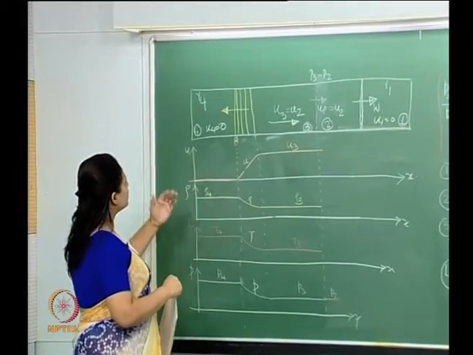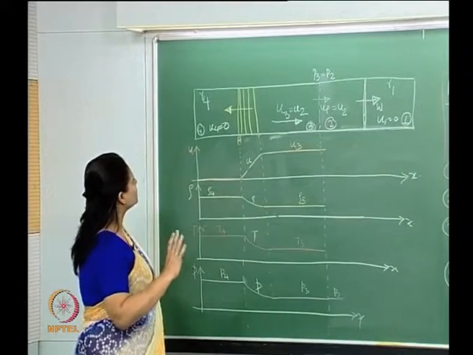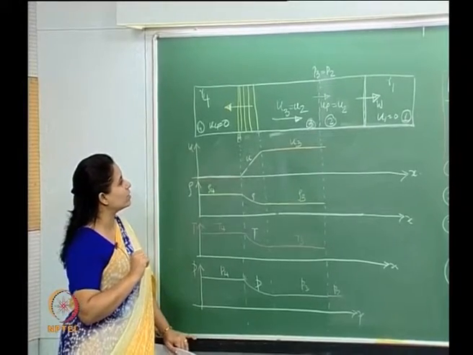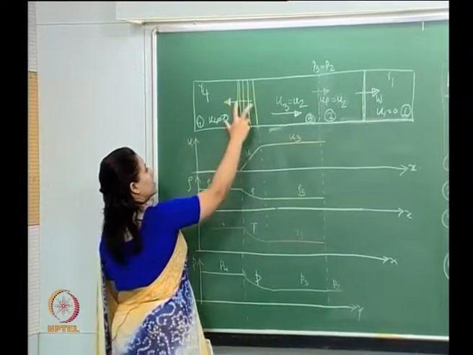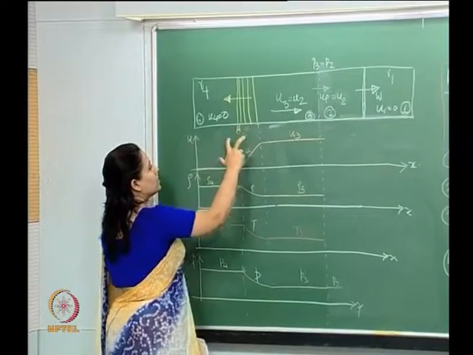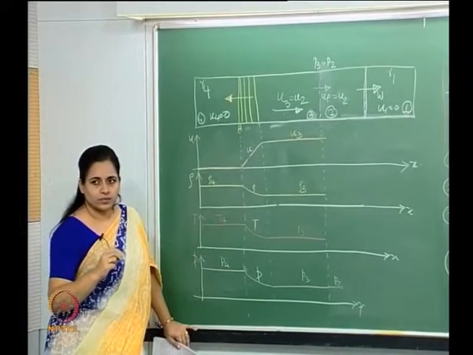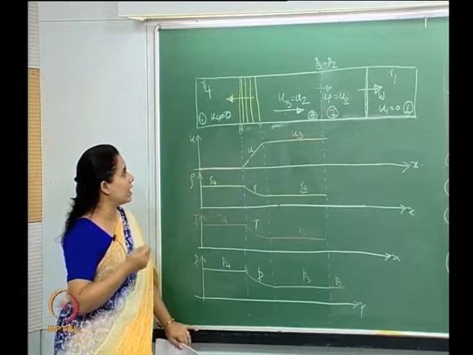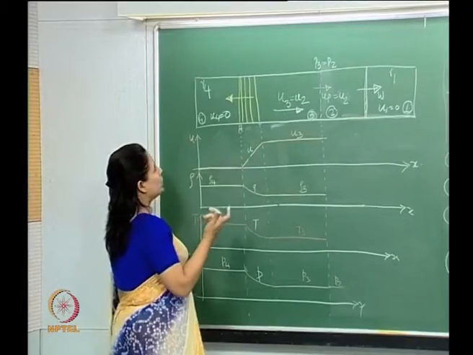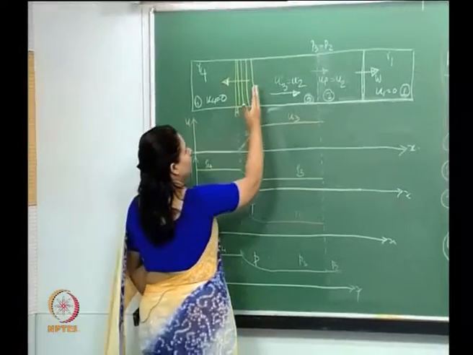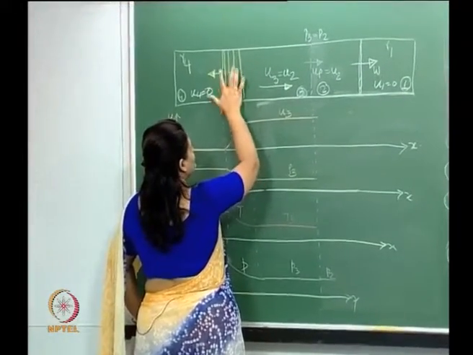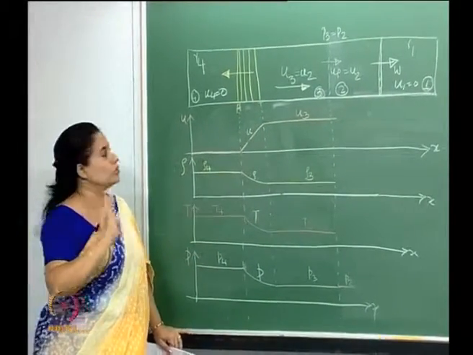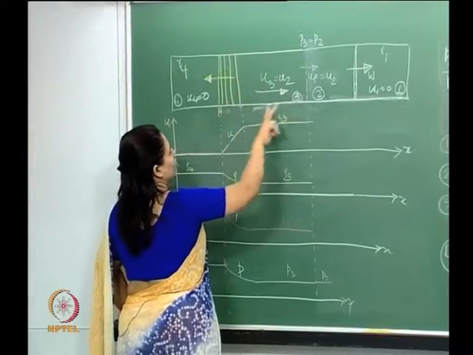To summarize, in this case the expansion fan results in straight line characteristics moving left, which is negative, because the disturbance here is moving in the opposite direction to the fluid.